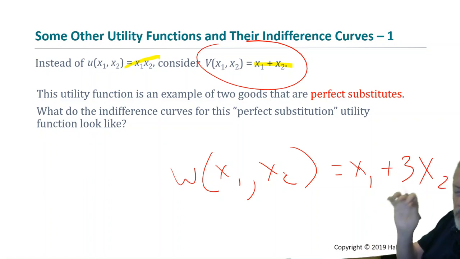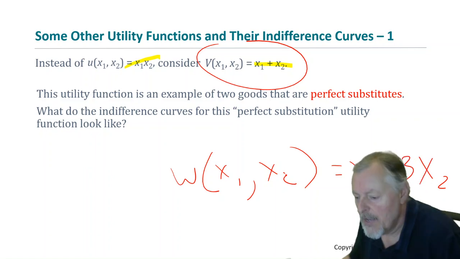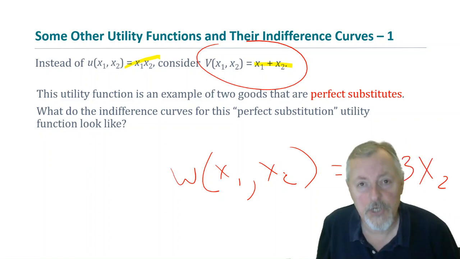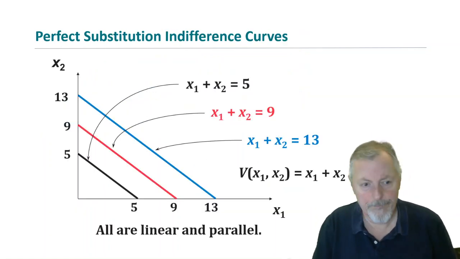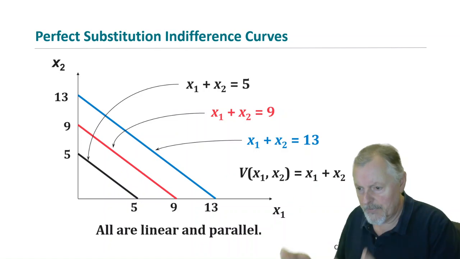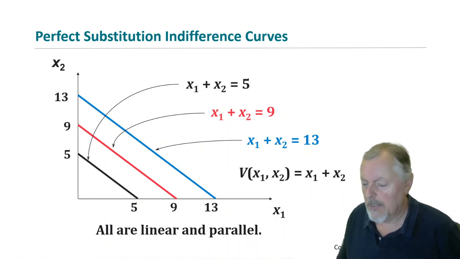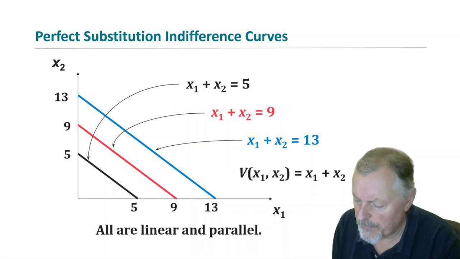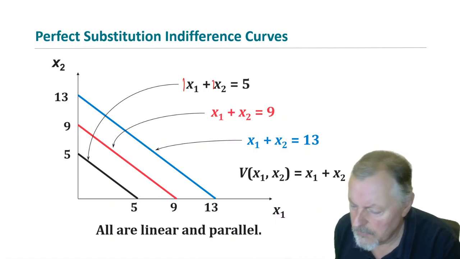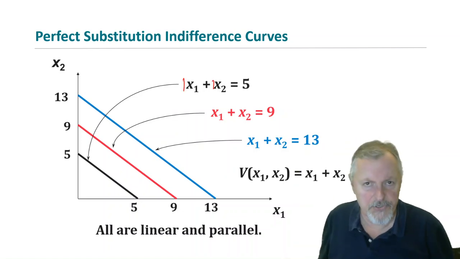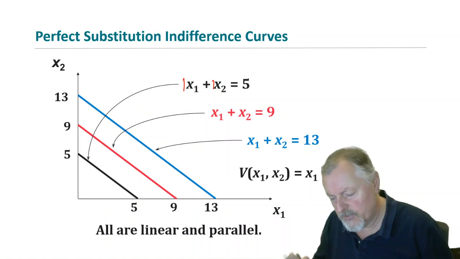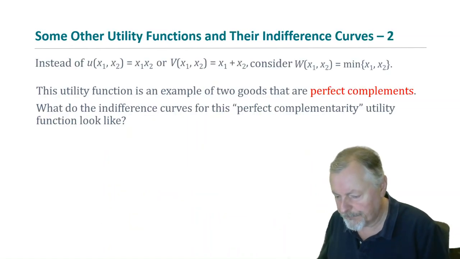This shows perfect substitutes, but at a 3-to-1 ratio. The book, I think, in all cases, gives examples of things that are perfect substitutes at a 1-to-1 ratio, but that's only one case.